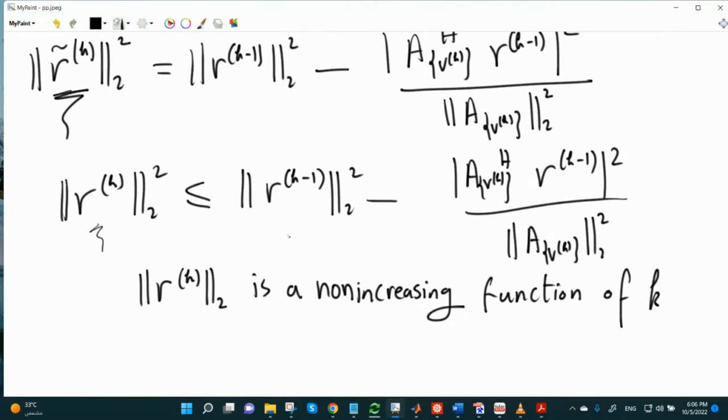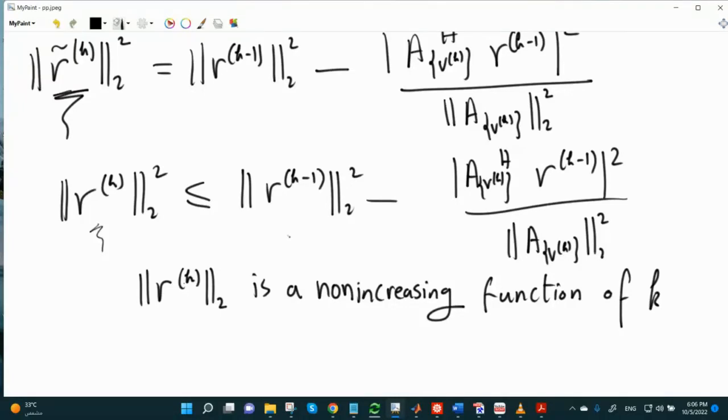Again, our hope is that if vector B is in the column space of matrix A, this guy will converge to 0, which means that you can always reduce it beyond any given threshold.